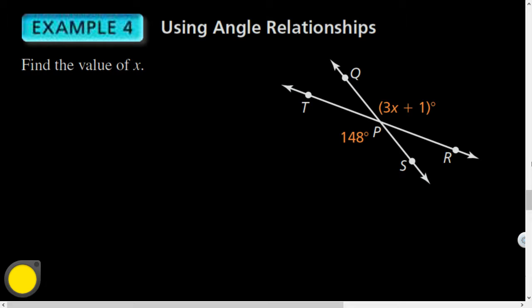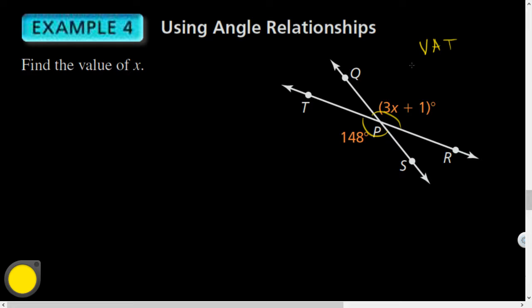All right, using angle relationships. Find the value of x. So, based on this, angle TPS and angle QPR are congruent to each other. Why? Vertical angles theorem, or as this book calls it, vertical angle congruence theorem. But who wants to call it that?